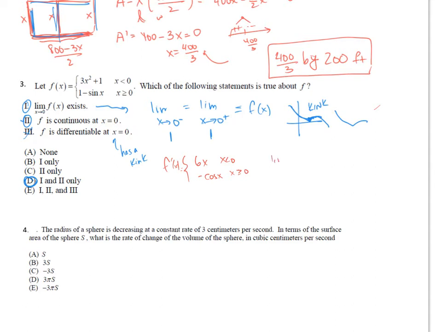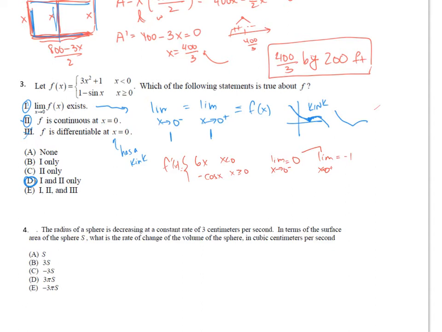If I examine the limit as x goes to 0 from the left and the limit as x goes to 0 from the right, from the left I'll end up getting 0. From the right I'll end up getting negative 1. Therefore, it's not continuous there. That's another way you can think about this.